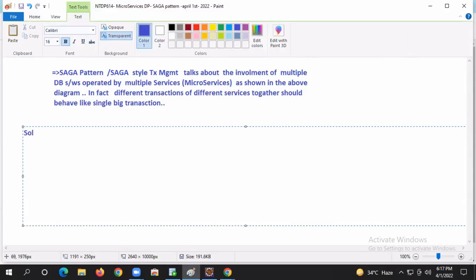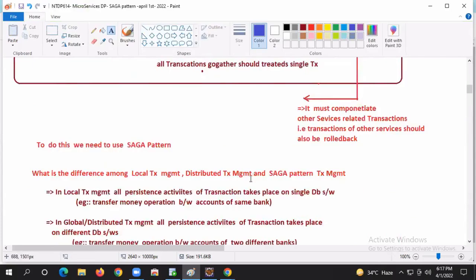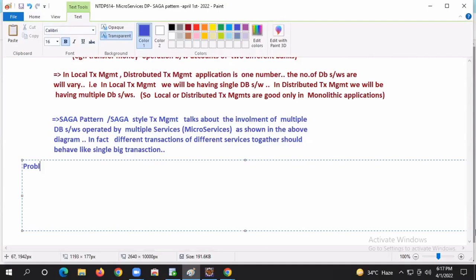Solution. First of all, let me say what the problem statement is, guys. The problem statement is that in a monolithic application transaction management is easy, because all services are part of a single application.